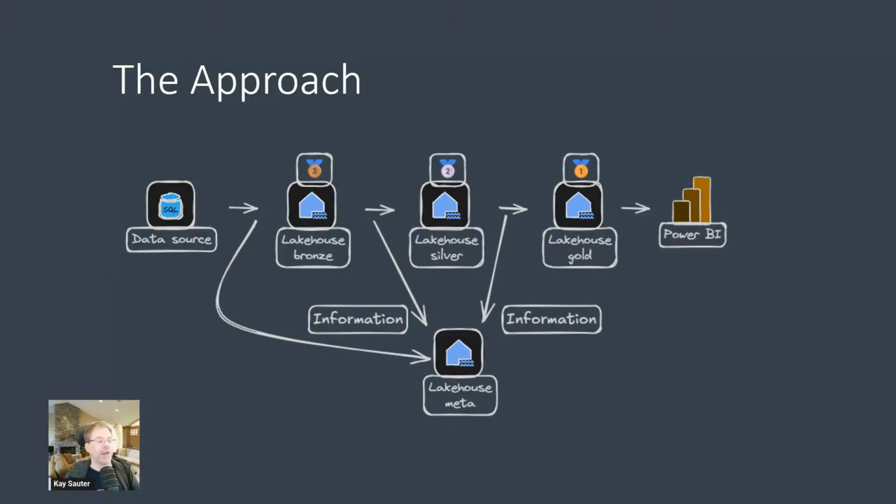Sometimes it actually can be helpful just to use 2 stages, especially if you have a smaller, easier solution, everything is already pretty much clean and so on, then you actually don't want to use 3 layers.